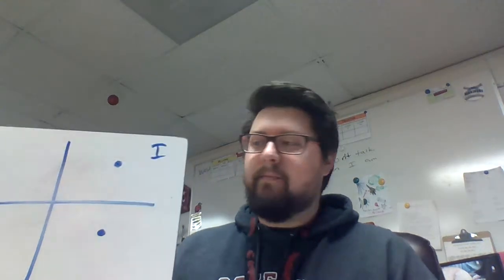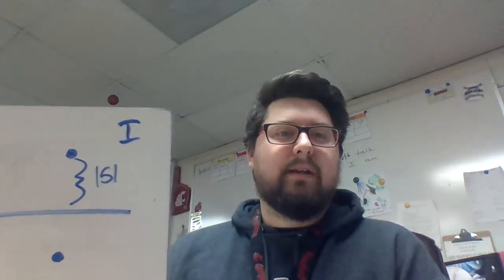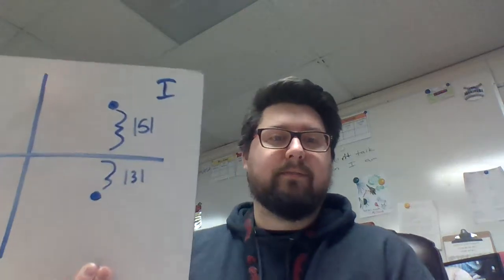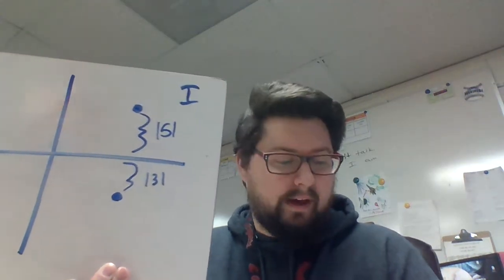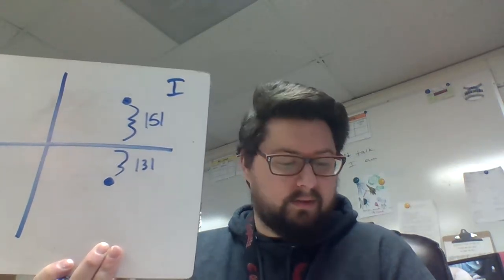You probably noticed that the dot in quadrant 1, this one right here, if you count the boxes from the x-axis up to the dot, there were five boxes. So we would say the absolute value of that coordinate is 5. The one on the bottom, the absolute value is 3 because it's 3 away from 0. Again, this is using absolute value to find the distance between 2 points. So 5 plus 3 is 8. The distance between those is 8.